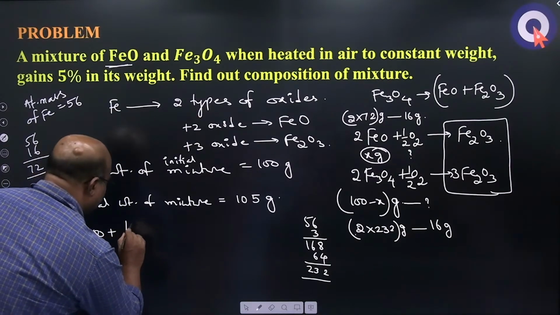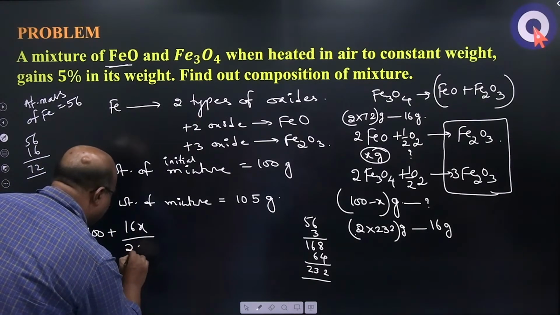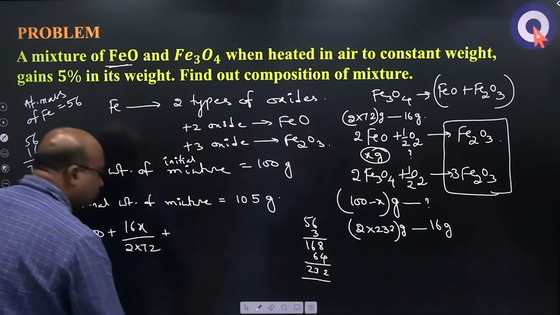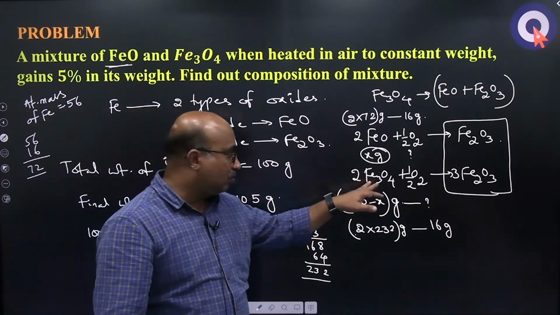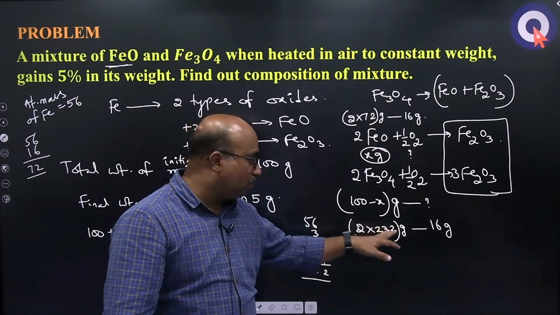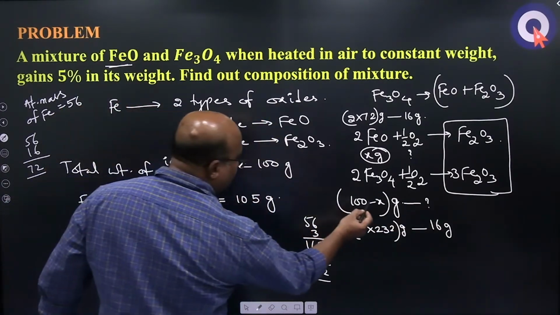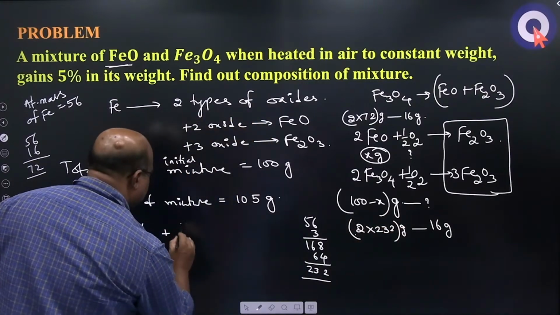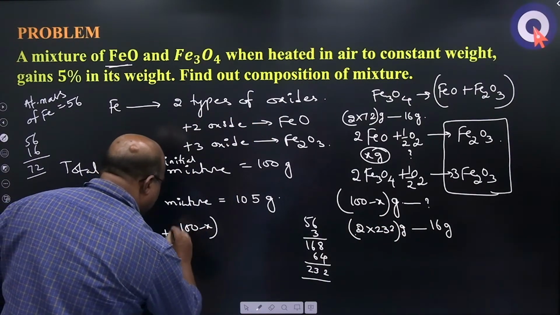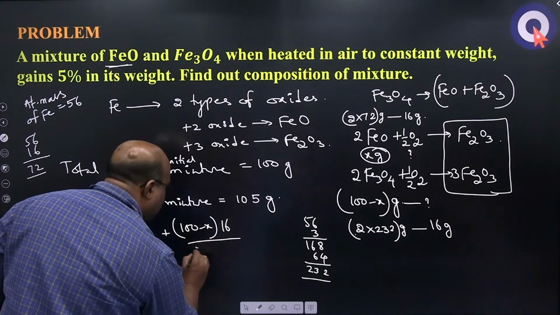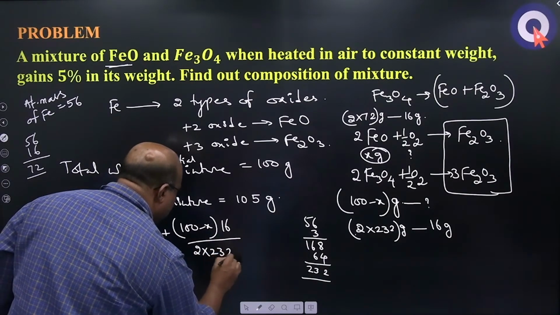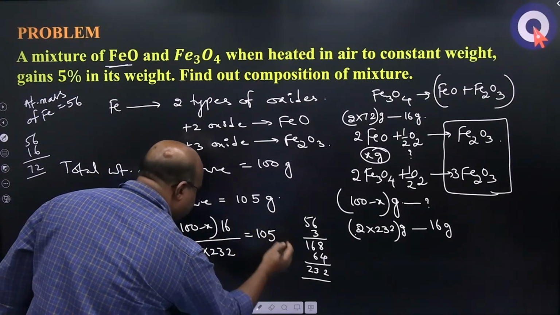That is 16x by 2 into 72, plus, for this, for 2 into 232 grams we require 16 grams, so for 100 minus x how much is required? So (100 minus x) into 16 by 2 into 232 will be equal to 105.